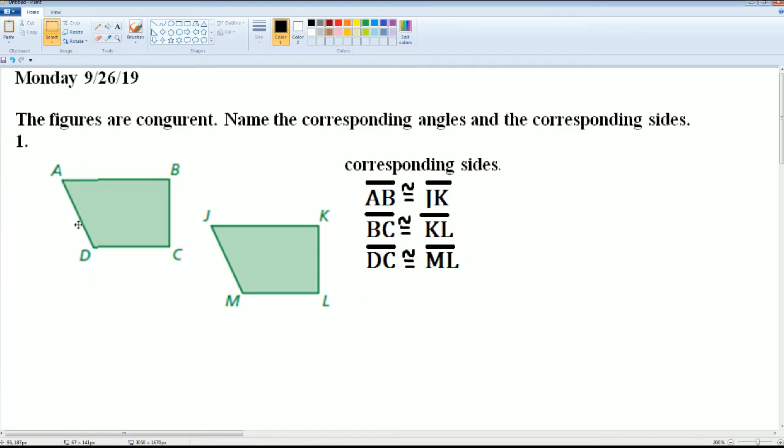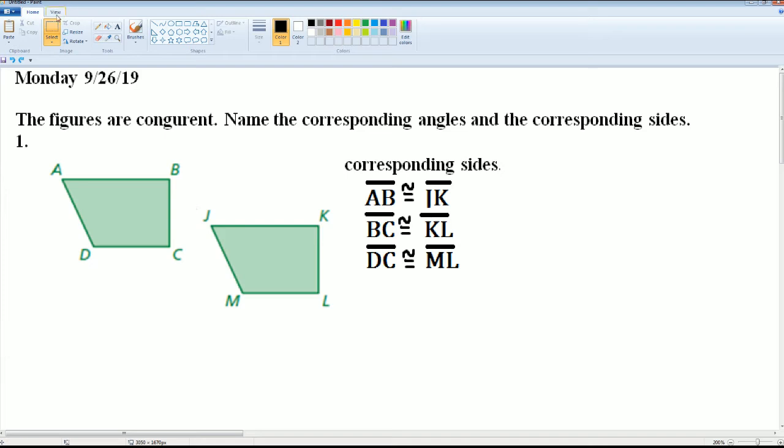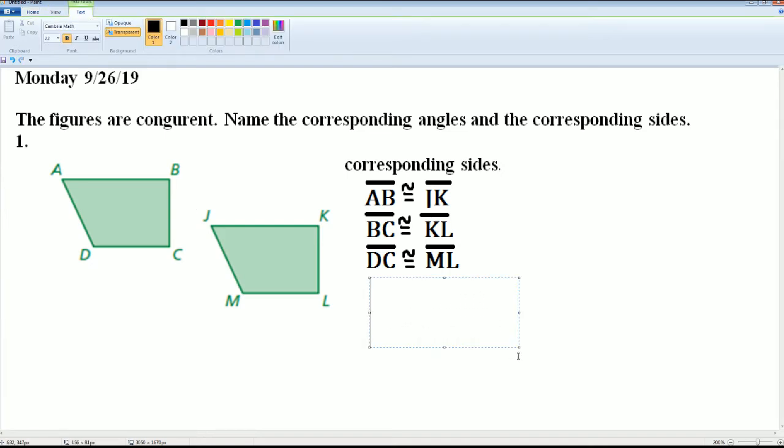Last one. AD and JM. These two are congruent. They're corresponding. So let's write that. AD is congruent to JM.